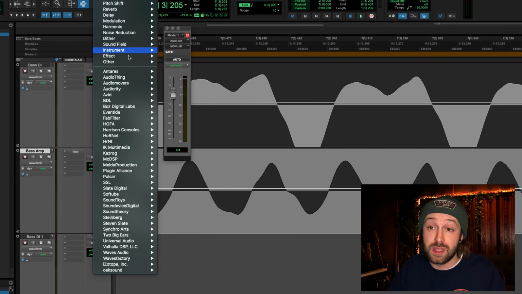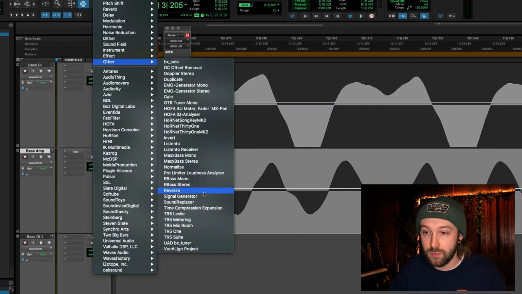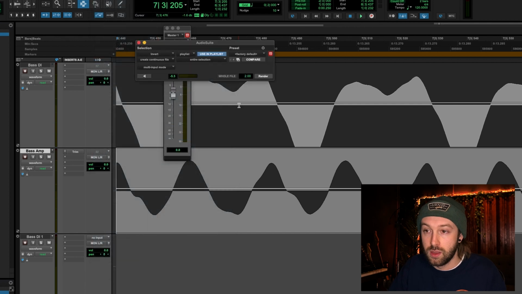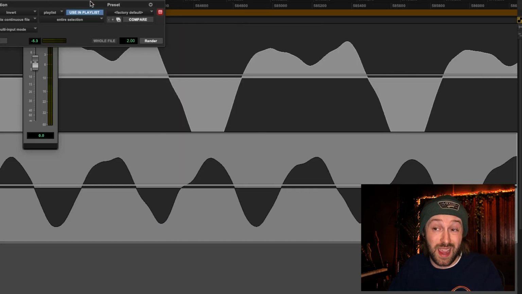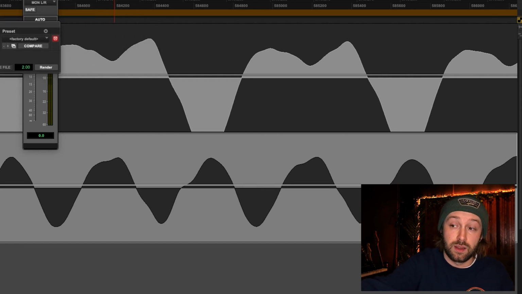Now if I were to flip the bass track, here I've reversed the polarity of the bass amp, and you can see that at some points, there is some cancellation of phase between the positive and negative amplitude of both tracks. And to reiterate this, what's happening is one signal is pushing the cone of your speaker out and one signal is pulling it back in, resulting in the cancellation that we're hearing.